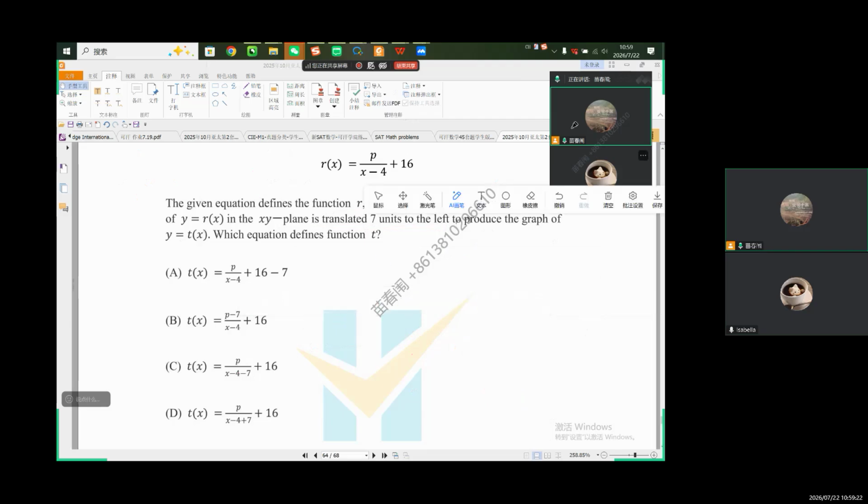Here, it's the original y. I should write y equals f(x) equals x squared, right? This is the original one, right? And then I want to talk about minus. So I want to say x minus 7, right? So instead of x, you're writing f(x minus 7), right? This is a new function, right?